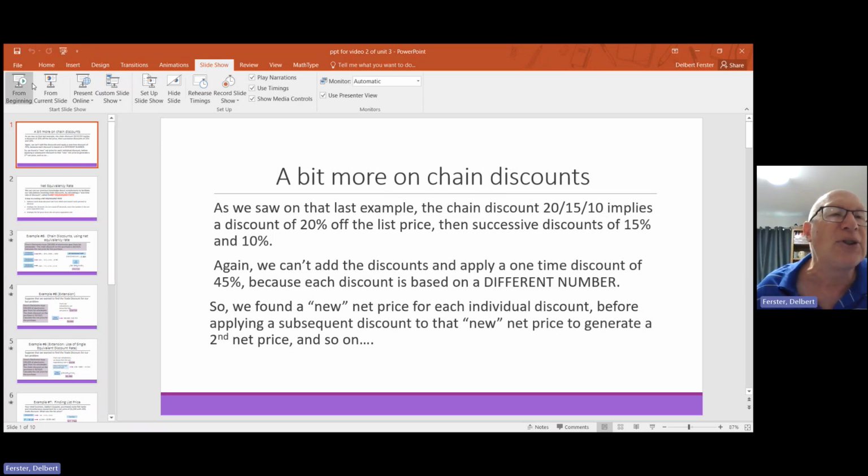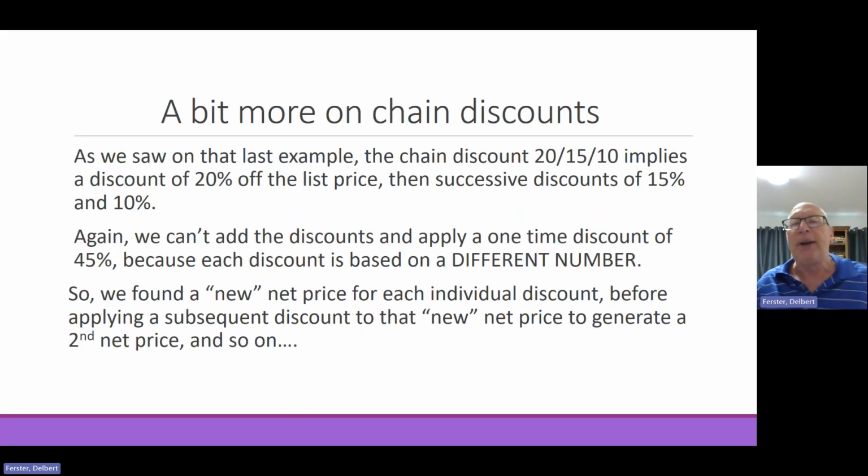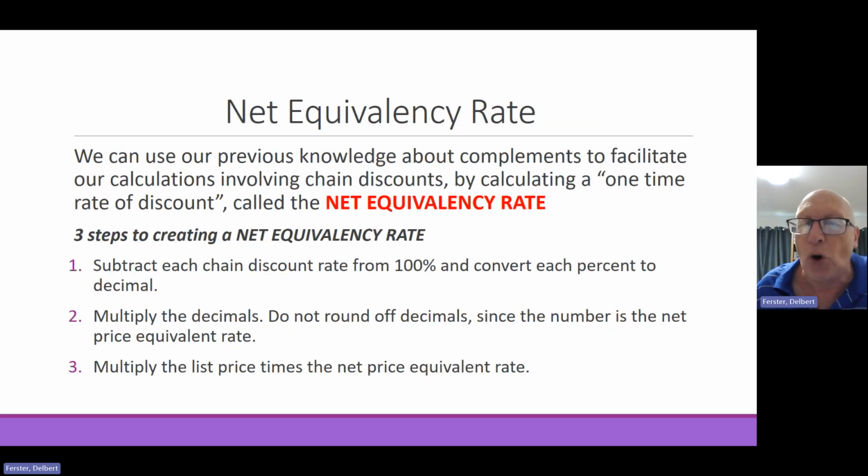So let me open this up and let's share the PowerPoint and proceed. We're going to find the effective one single shot discount if you've got that chain at 20, 15, 10. Your author calls this a net equivalency rate.